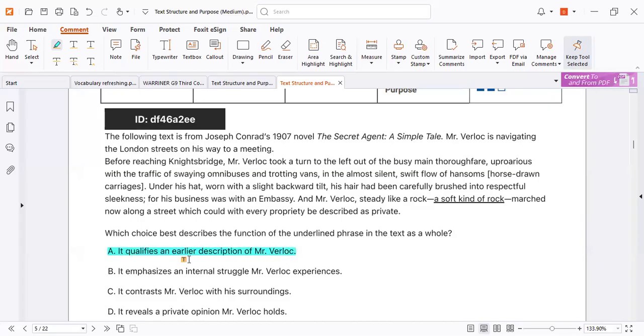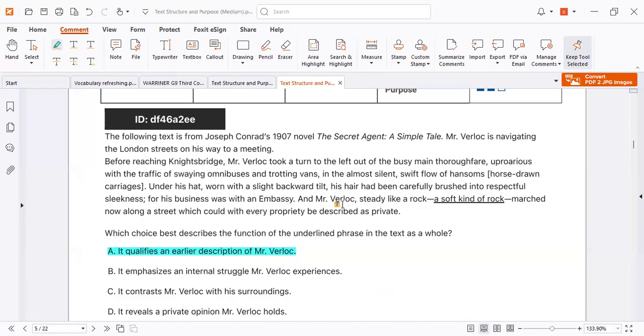I have read A before C, but I think C is the better answer. It qualifies. What means it qualifies? So qualifies means it adds limits or conditions.